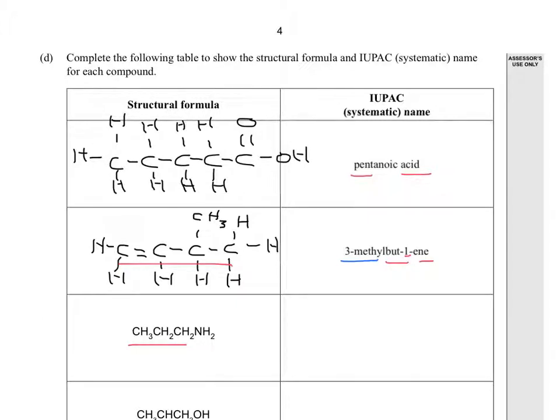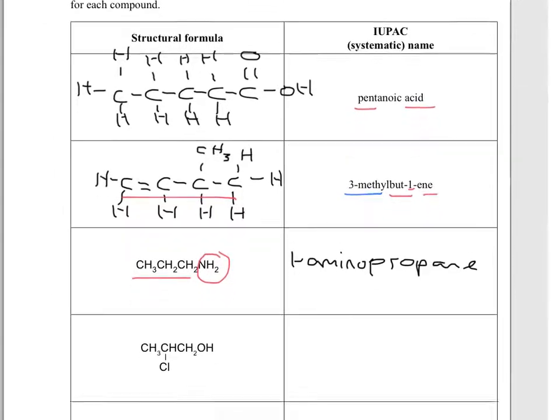We've got 3 carbons, and we've got this amine group. 3 carbons gives us a prop, so it's going to be propane, and we've got this amine group coming off the number 1 carbon, so it's 1-aminopropane. Okay, pretty happy with that.